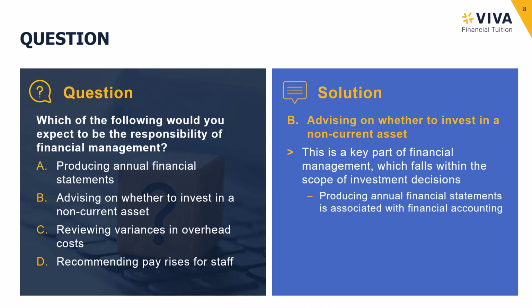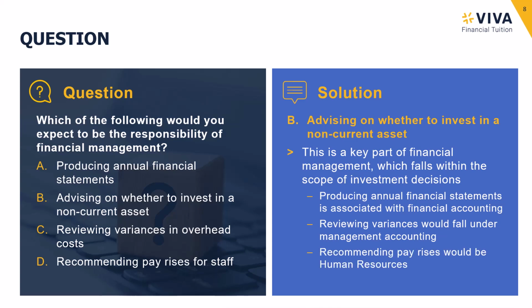Now, producing annual financial statements, no doubt you will be aware, is associated with financial accounting. Reviewing variances, that would fall under management accounting. And finally, recommending pay rises, that would fall under the responsibility of human resources.